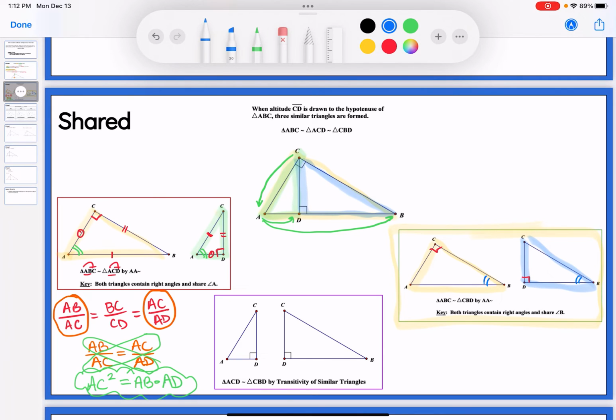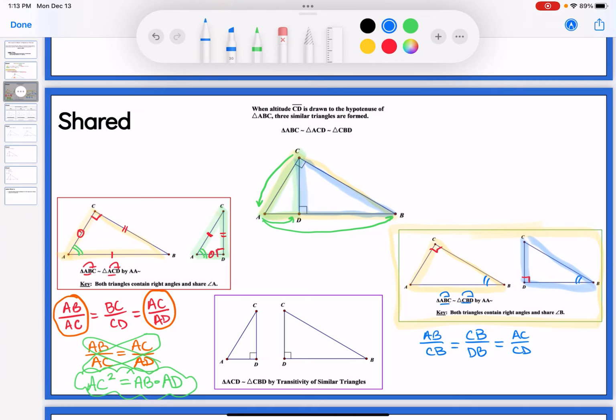And then I can line up all my corresponding sides, right? Same way. So I could take a look at my letters: AB over CB equals CB over DB equals AC over CD.